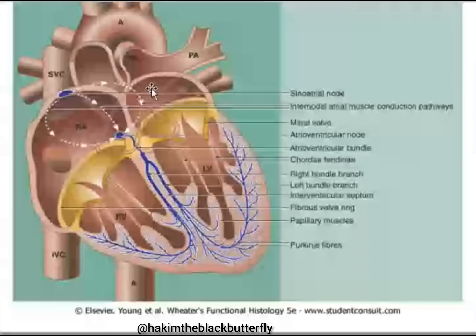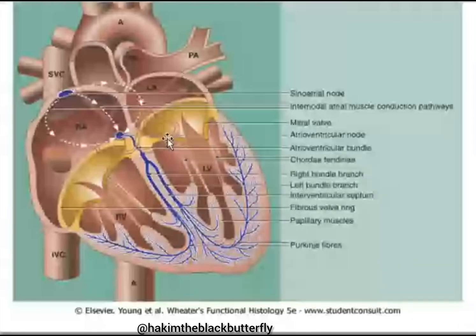Here we'll have the bicuspid valve. Here we'll have the tricuspid valve. Sorry, this is the bicuspid or mitral valve. And somewhere there we'll have the aortic valve, and somewhere here the pulmonary valves.